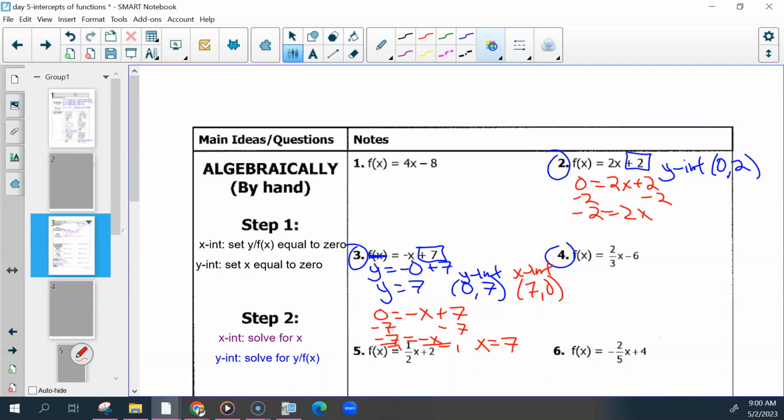And then divide both sides by 2. And how would we write this as an ordered pair? -1. Questions on that one?